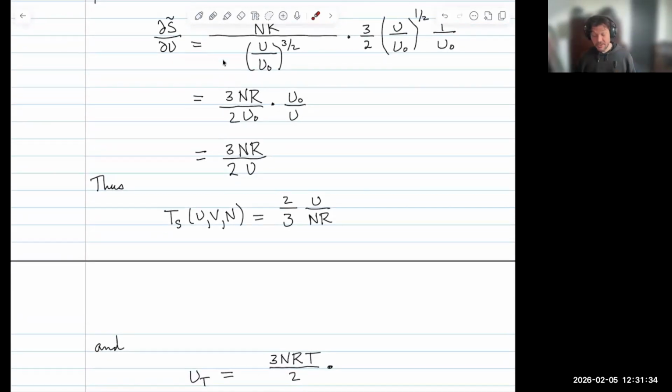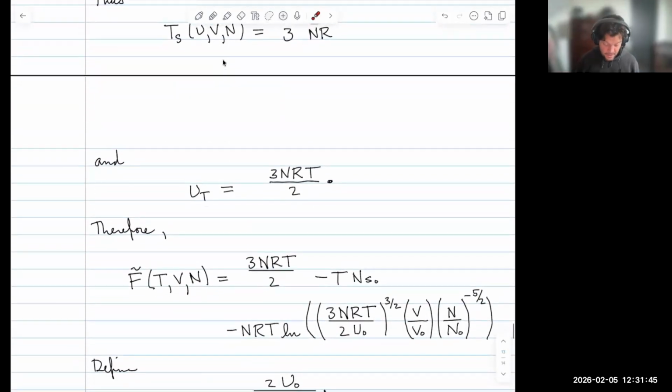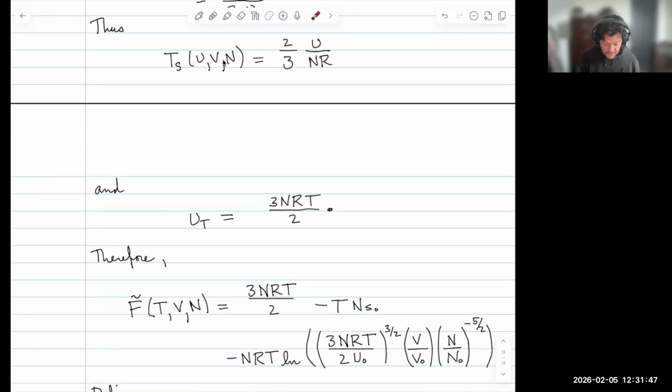It's exactly the same as the temperature function. It has exactly the same thermodynamic content as the temperature obtained by differentiating the internal energy fundamental relation. I can invert this function right away.